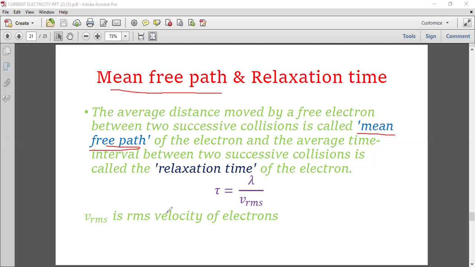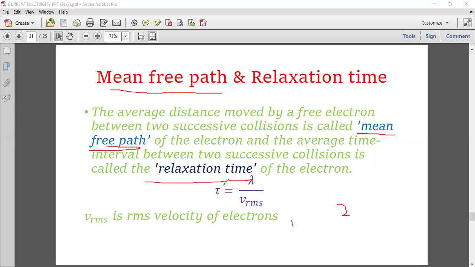And there is one term, relaxation time. It is the average time spent in between two successive collisions. मतलब एक collision के बाद इलेक्ट्रॉन का दूसरा collision कितने टाइम बाद होता है, that is called the relaxation time. It's clear. Average time spent in between two successive collisions of free electron with the positive ions is called the relaxation time.